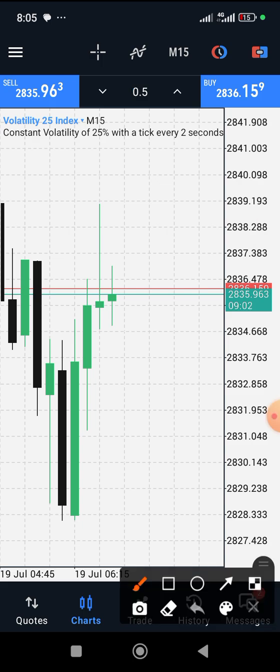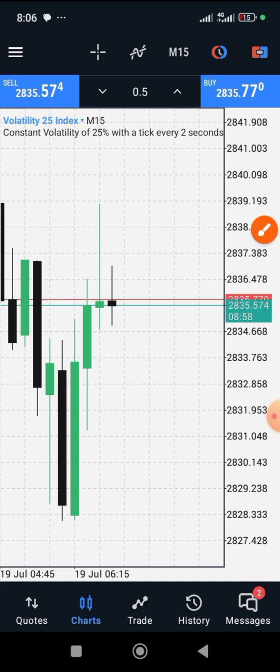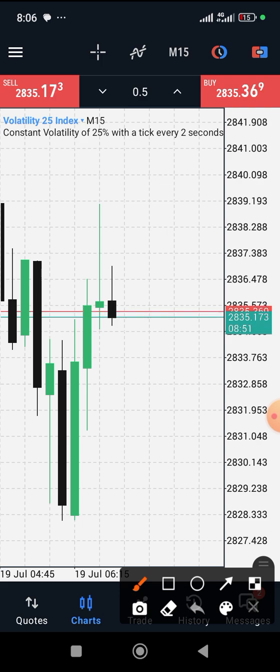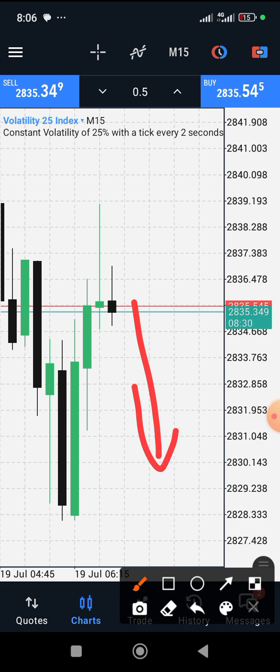After you have analyzed your chart, you have done technical analysis, you've come to a conclusion where you are certain to a certain degree that the market would come downwards at this point.